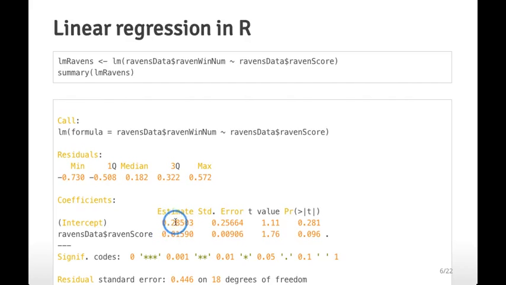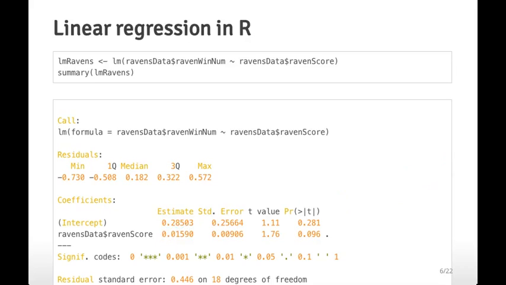That's already indicating that there's something a little bit weird going on, right? Because you'd expect that if they'd scored 0 points, it would be unlikely that they'd win. And then for every additional point that they score, they gain a probability of 0.0159 of winning that game. So if they score 10 points, then they increase their chance by almost 15% of winning the game.